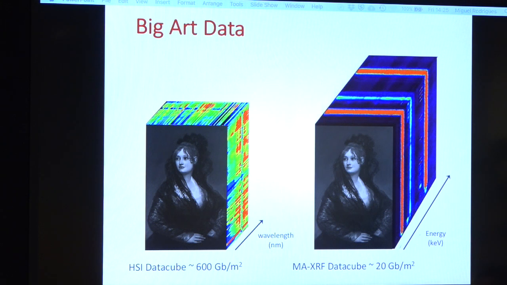And what this means is that there is a unique opportunity to explore this wealth of data to try to make sense of artwork. However, this also comes with many challenges, and one of them is how do we actually make sense of this wealth of data in order to solve important problems in art investigation.